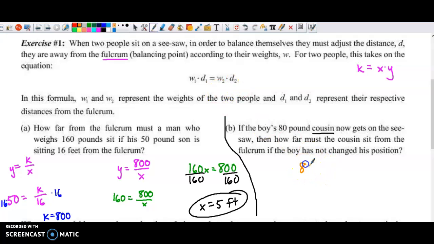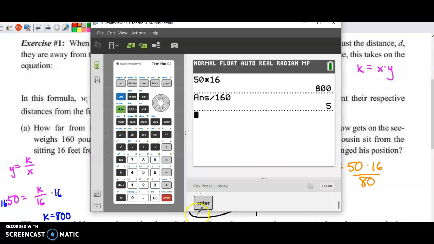So we know the weight of the cousin's 80. We don't know his distance, but we do know that the boy still weighs 50, and his distance is still 16 feet. So yeah, this would probably be a faster way of teaching it. Divide the 80 over, and so the distance that this cousin needs to sit, and I'm going to go to a calculator again because I don't know what 50 times 16 is, and then divide it by 80.